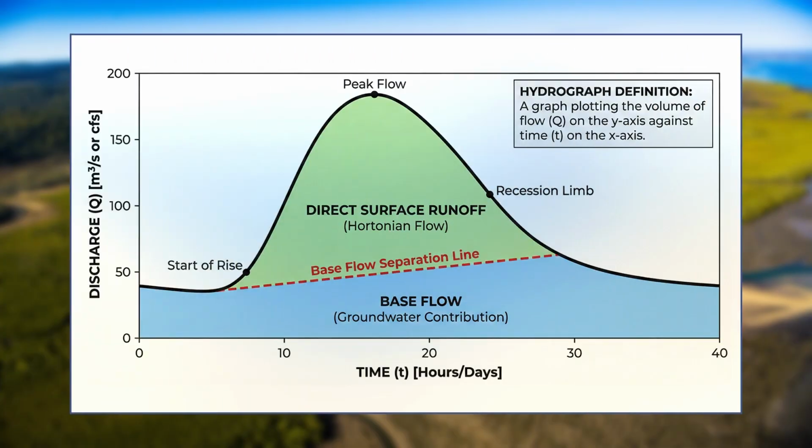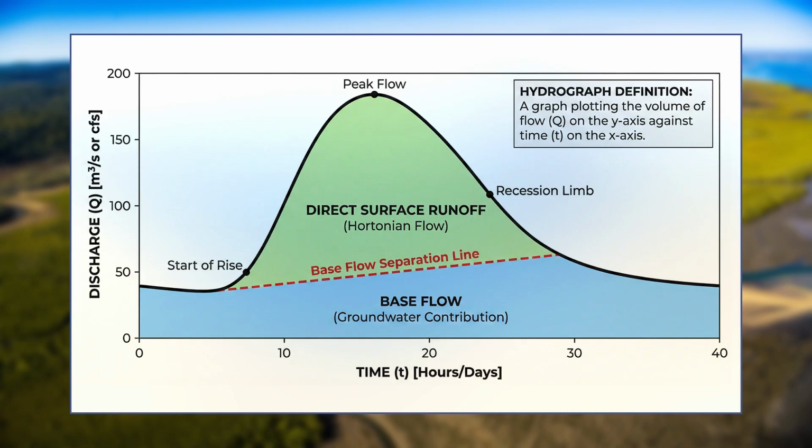The graph that plots the volume of flow in y-axis against the time in the x-axis is called a hydrograph. The shape of hydrograph determines the nature of runoff in a watershed. It has huge significance in watershed management.